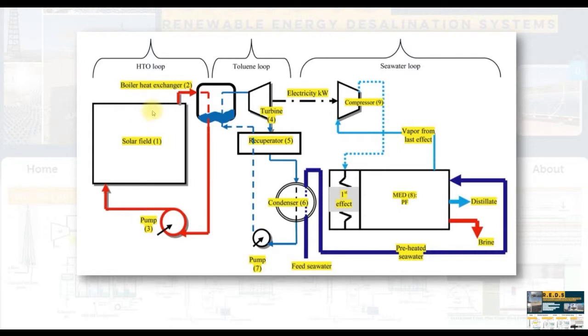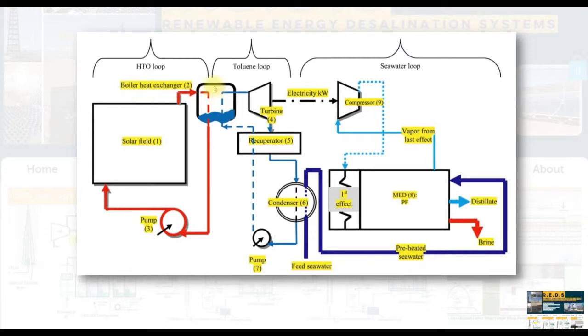As you can see, we have the solar field. This is the thermal heat transfer loop through the solar field, with a pumping unit, and we have the organic Rankine cycle represented by the toluene working fluid. This is the organic Rankine cycle, and we have the desalination process itself. For toluene, we have an intermediate unit.